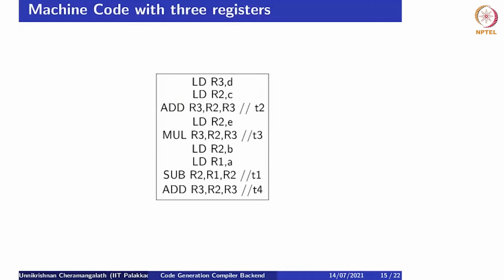Yes, thank you. So R3 is loaded with D, which is the right subtree of T2. Then R2 is loaded with C. This is the semantics of the arithmetic instruction: destination register, source 1, source 2.